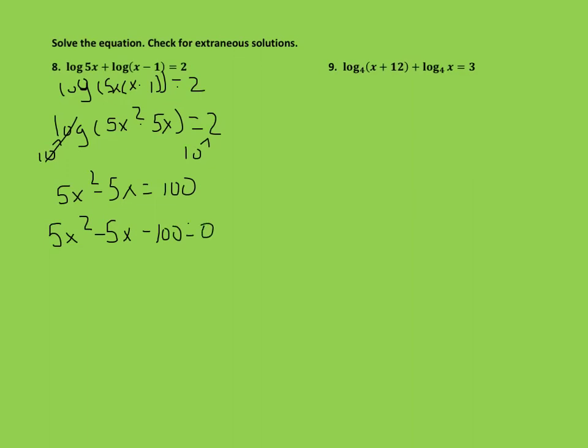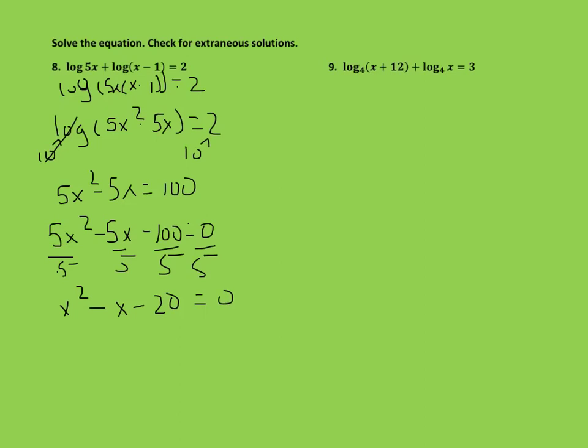Divide everything by 5. So I get x squared minus x minus 20 equals 0.